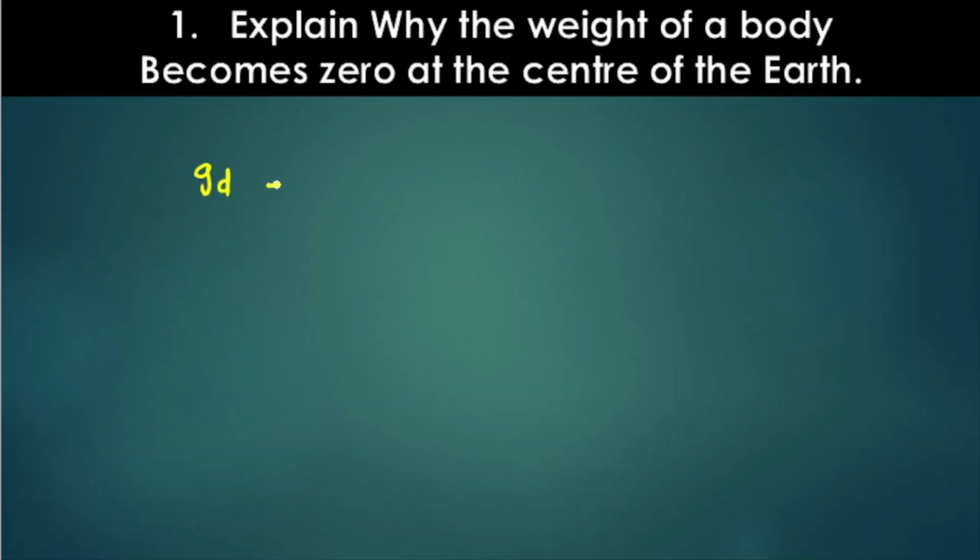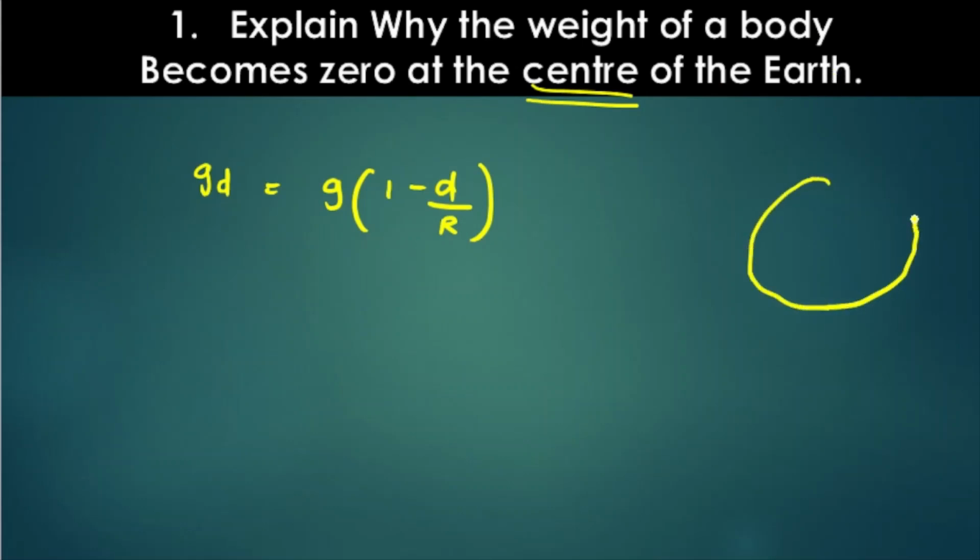The question states: explain why the weight of a body becomes zero at the center of the earth. For this question we are going to use the formula for acceleration due to gravity at a certain depth, because they have asked about the center of the earth. Consider the circle as your earth and the midpoint as the center of the earth.